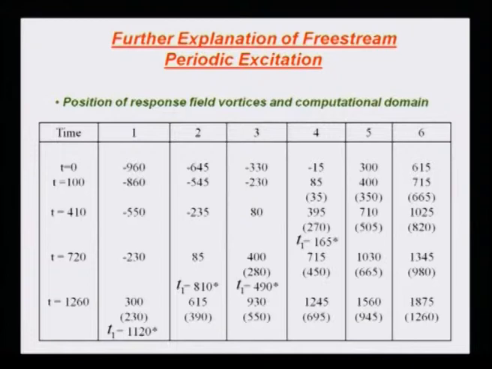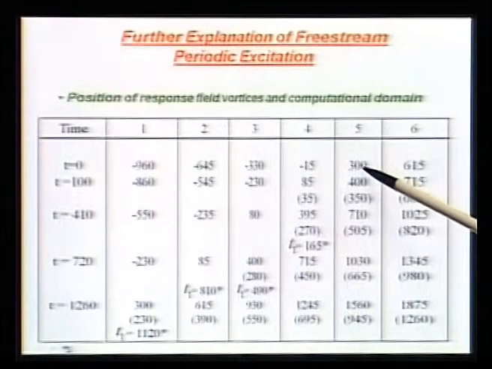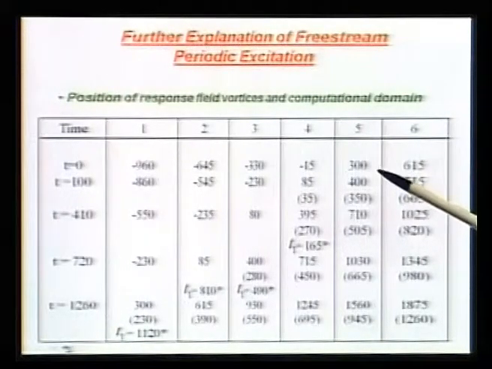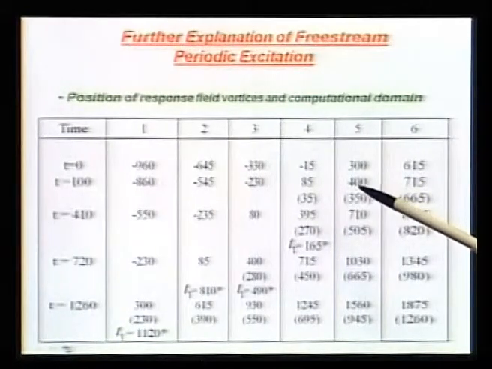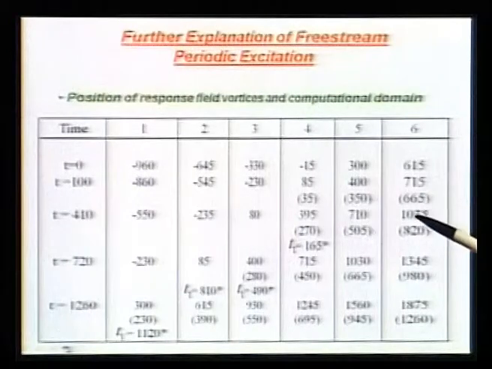So, here in this table we have given you a proper accounting of what we just now explained for that pure convection case. I told you the vortices are placed at 300, 615, 930, 1245, etc. But there are vortices also upstream of the computational domain.